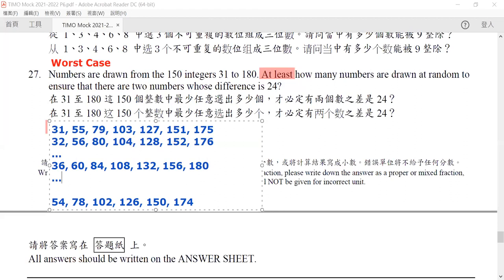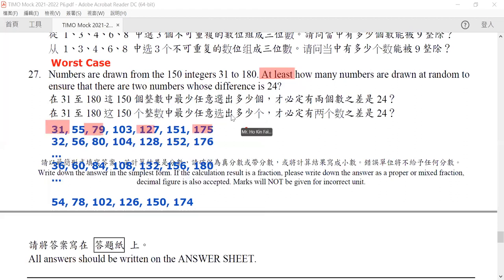So for all the numbers before that we can select 4 of them, and for all numbers that are more than this, we can only select 3 of them.